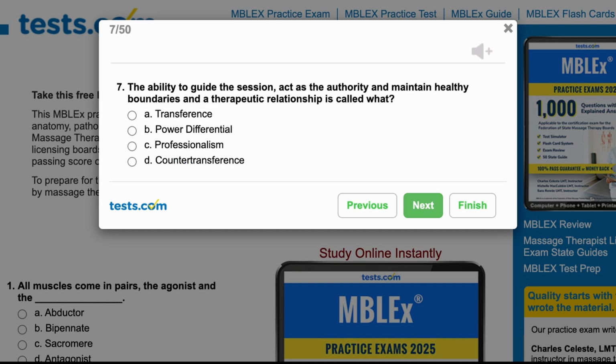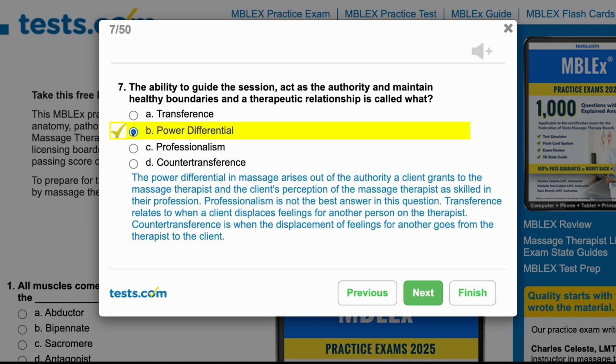Question number 7. The ability to guide the session, act as the authority, and maintain healthy boundaries and a therapeutic relationship is called what? A. Transference, B. power differential, C. professionalism, or D. countertransference. B. Power differential.